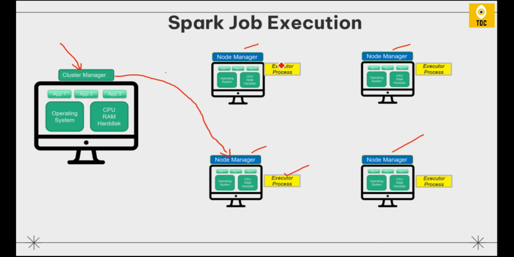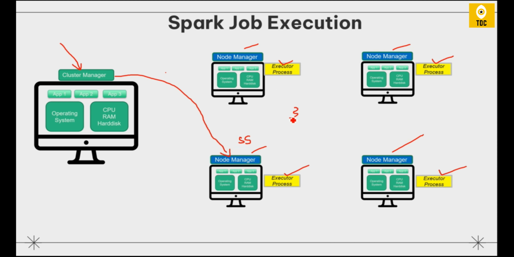So each executor starts processing in parallel. The first step is that the Spark session is created, then the executors start processing, and as you can see, there are different nodes and the data frame is read in parallel.